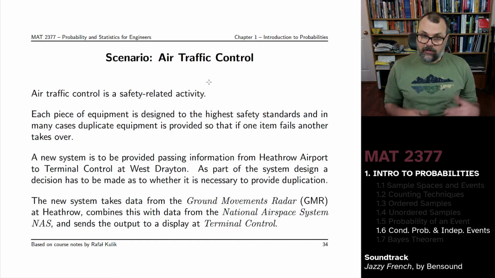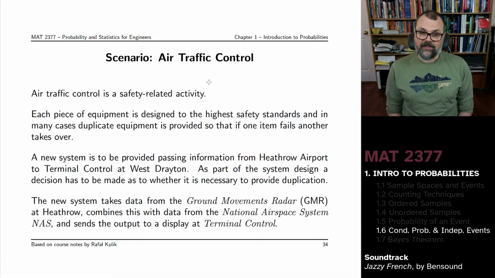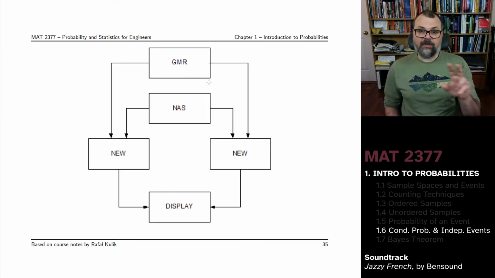So this system that is going to be installed consists of a ground movements radar, a GMR at Heathrow, combined with data from the National Airspace System, the NAS, and it sends the output to a display at the terminal control. So we're imagining that there's basically 3 components that could fail in here. GMR, NAS.